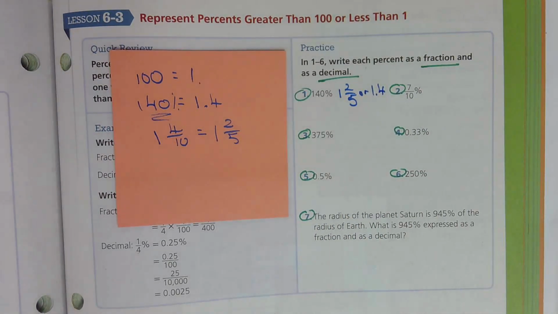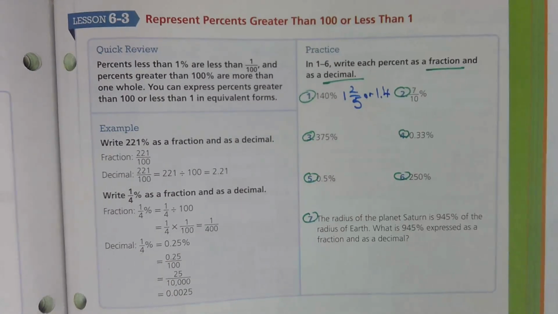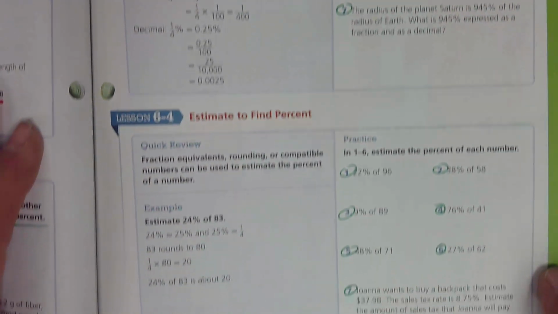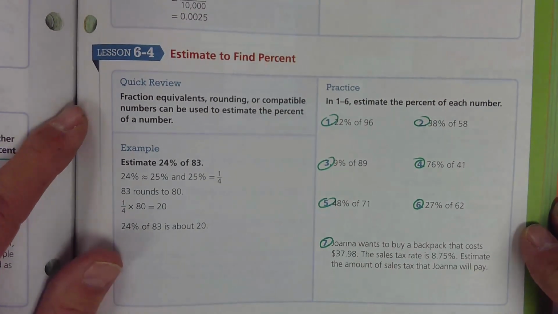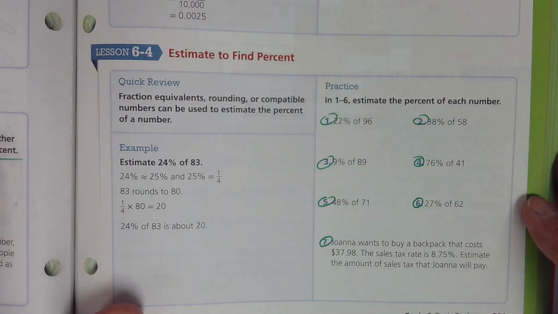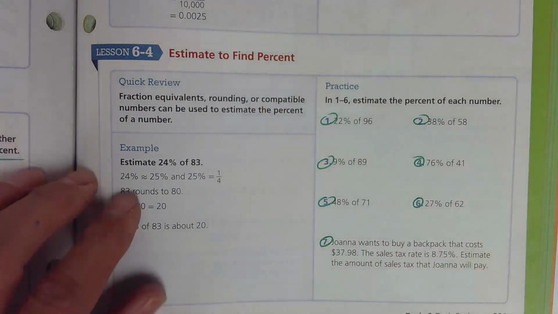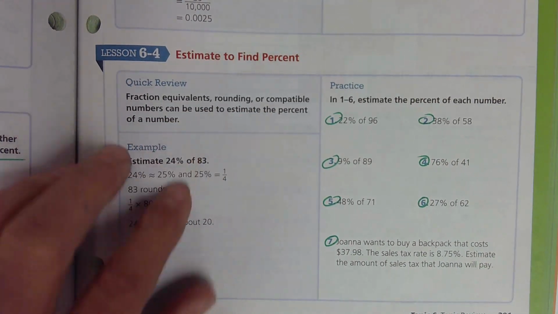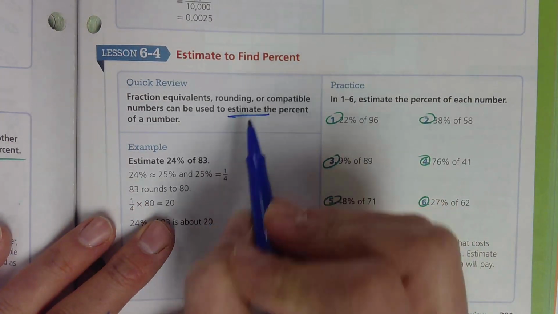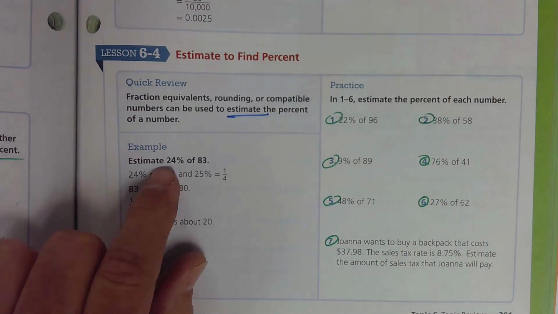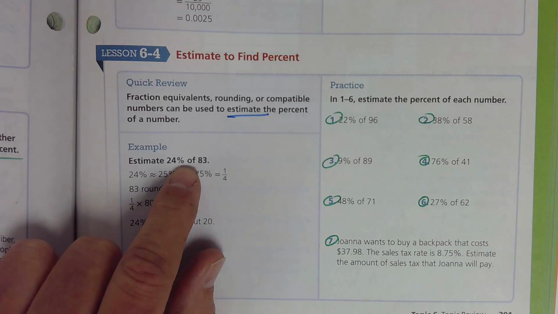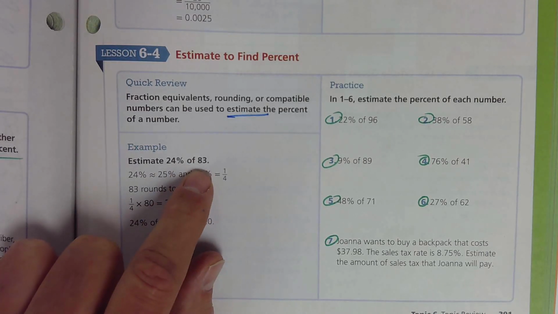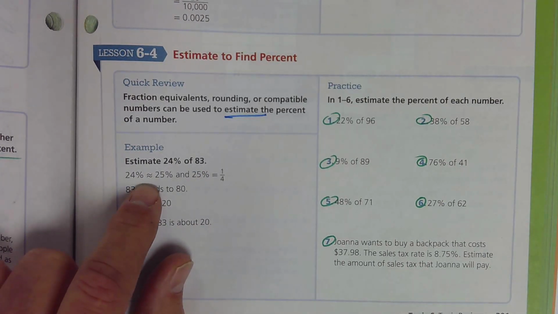Okay? And then for lesson 6.4, the review, again, I circled 1 through 7. It says fraction equivalence, rounding, and compatible numbers can be used to estimate a number. So it says estimate 24% of 83. Well, they did what I would have done.